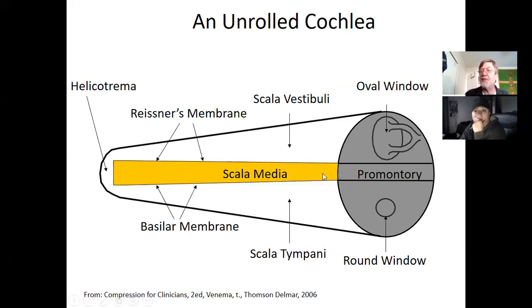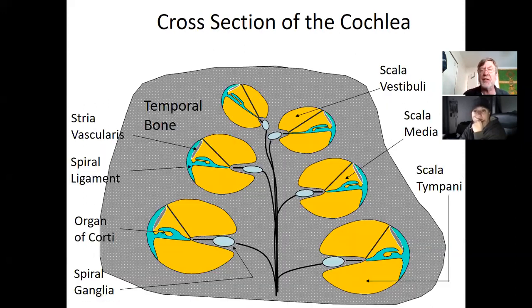This area resonates with high frequencies. And in that way, the cochlea could be said to be tonotopic. Specific frequencies are represented in specific places, much like keys on a piano. Okay, and we'll talk more about that in cochlear physiology when we go there in the next 2 weeks.